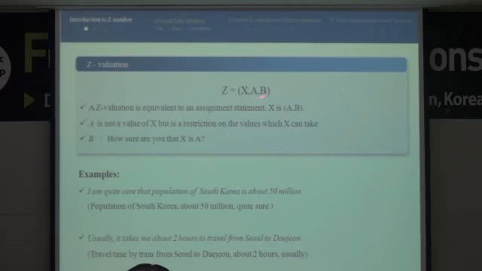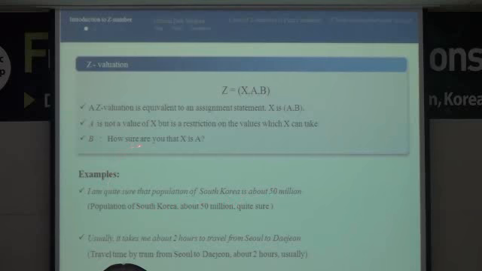In a natural language, we can understand this component by answer to this question: how sure you are that X is A? For example, I'm quite sure that population of South Korea is about 50 million. The variable can be population of South Korea, and restriction of that in this sentence is about 50 million.